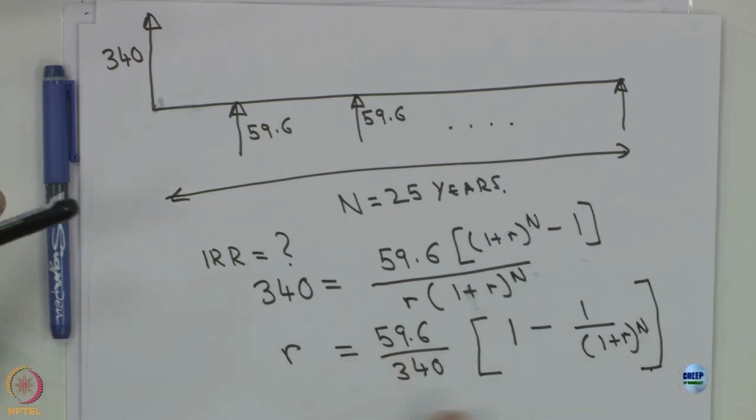We can assume a certain value of R and then cross-check to get what is the rate of return that we are getting. Let's just use a spreadsheet.